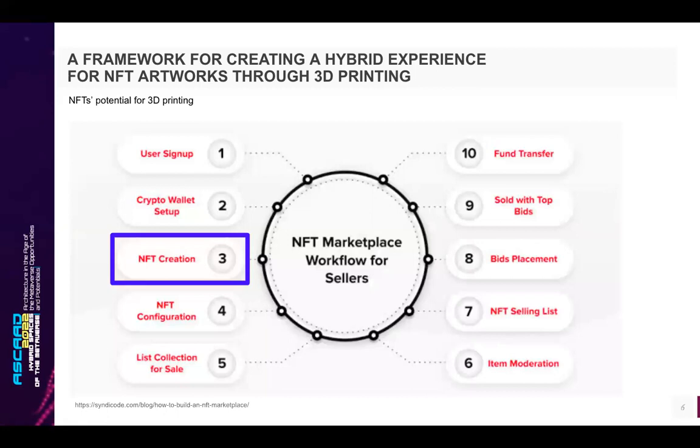And so why did we think that there is a potential for NFTs to be 3D printed, and why are we doing that? Because NFTs are based on a digital platform. So if you buy an NFT, you cannot touch it. And the image that is available for the NFT is also available on the World Wide Web.